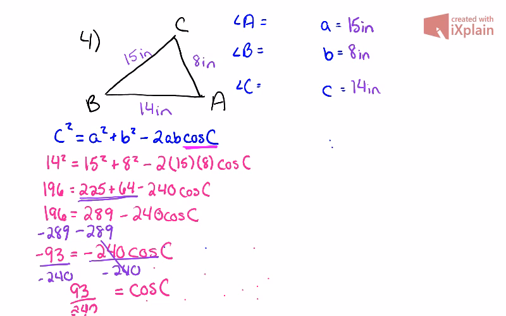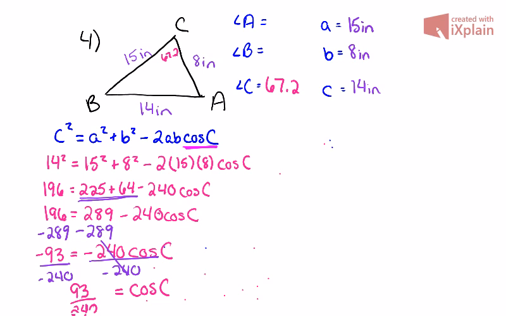So in my calculator, I'm going to do inverse cosine. Inverse cosine of 93 divided by 240. And I'm going to round to the nearest tenth. And I got 67.2 for angle C. So angle C, 67.2. And I'll add that into my diagram.